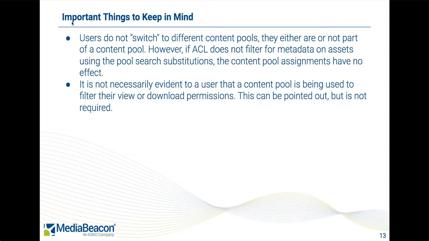But if you wanted to have a standard pool or a standard set of pool identifiers, and you want to have different behavior for users in different groups or ACLs, you'd need to build different searches that would or would not include those values, and you might need to create separate pools that contain similar values in order to have those different effects.